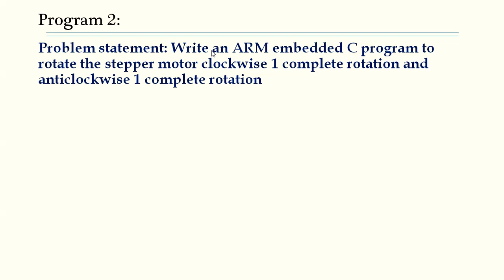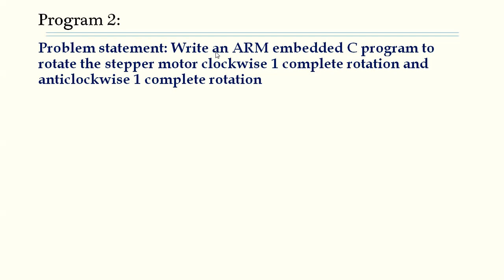The problem statement is: write an ARM embedded C program to rotate the stepper motor clockwise one complete rotation and anti-clockwise one complete rotation. What we mean by one complete rotation is a total of 360 degrees. If you start from one point, it completes one rotation which is equal to 360 degrees, in both directions, that is clockwise as well as anti-clockwise.